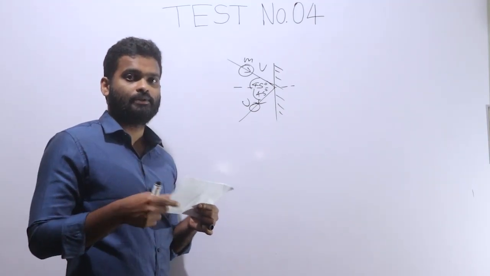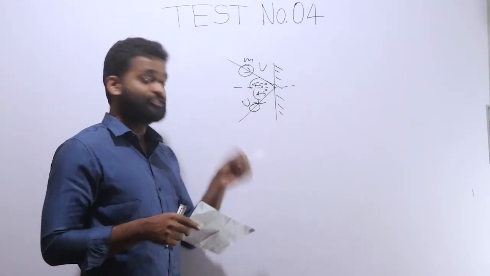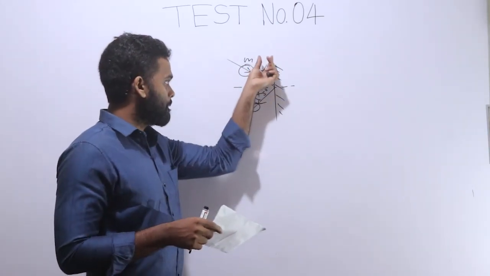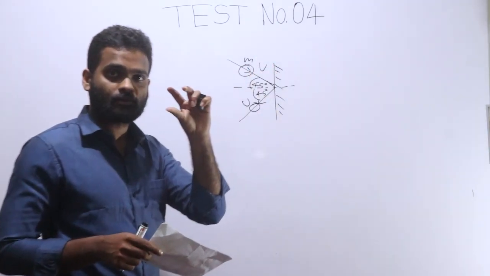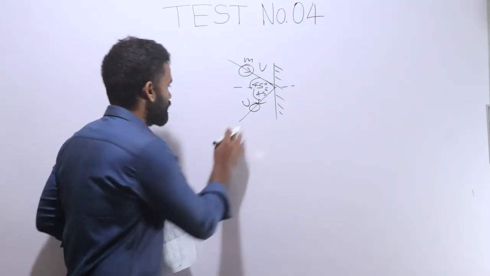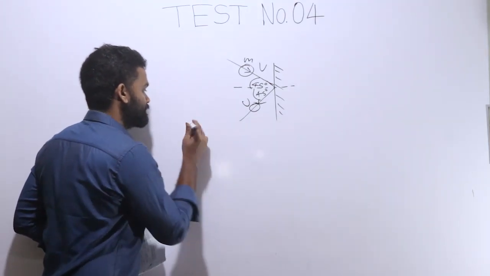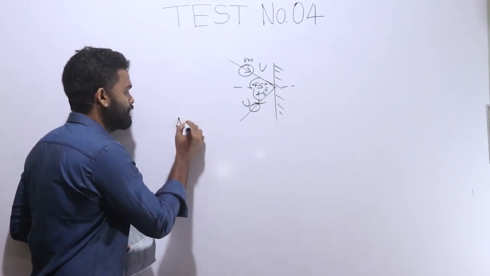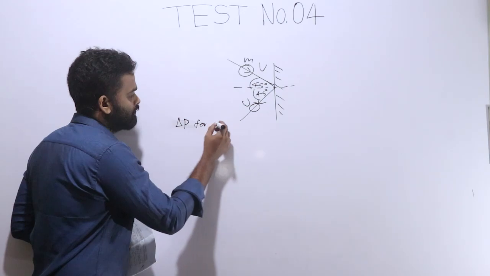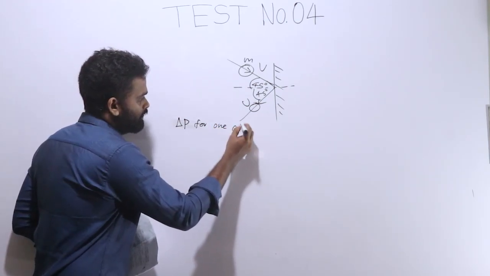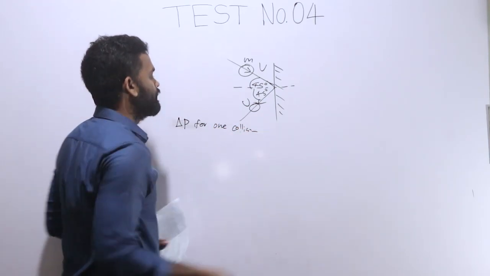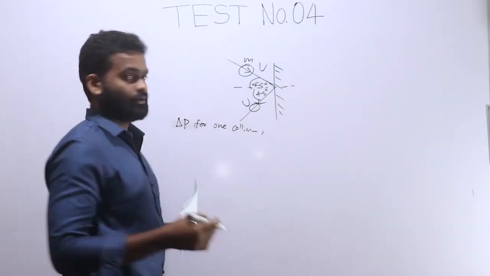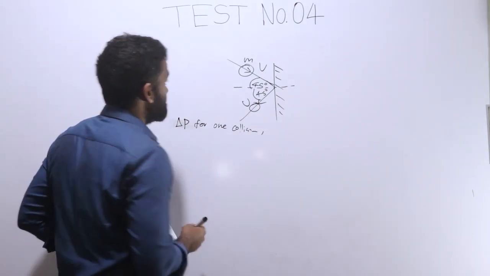So first we'll find the change of momentum for one collision. I'll explain this change of momentum. I'll say delta P for one collision. So first, that is what we are going to find.